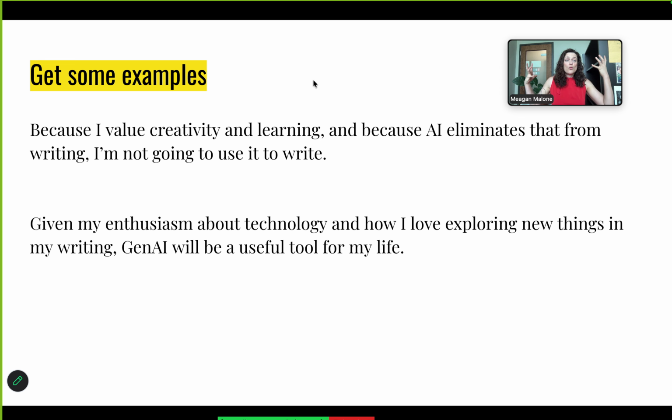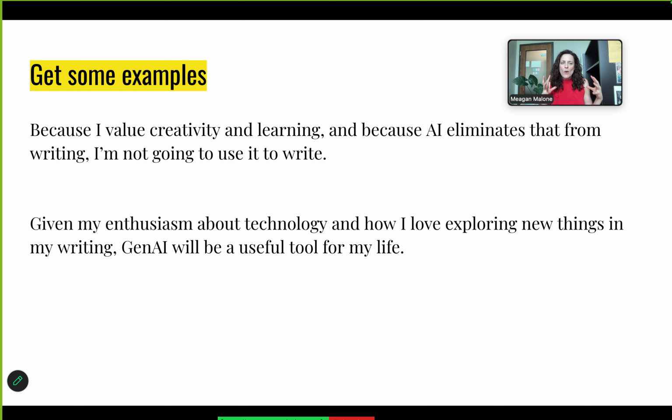Or if you're somebody who really is excited, you're a technology person, you're a futurist, and you love experimenting with your own creativity, connecting that to technology, maybe, given what you've written, you say, my enthusiasm about technology really hooks up with the way that I use writing as a creative builder or an exploration tool, and therefore, I think I'm going to use generative AI.